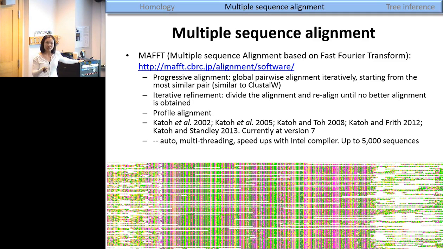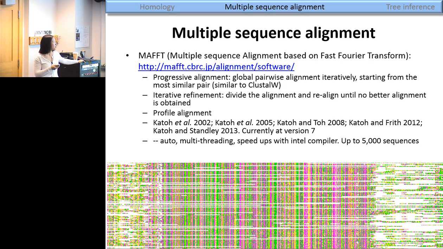Accuracy-wise, on different benchmarks, sometimes they have conflicting results, but yeah, it's fast and convenient and very easily implemented into a pipeline. And also, as you can see, it's a very actively updated software, currently at version 7.